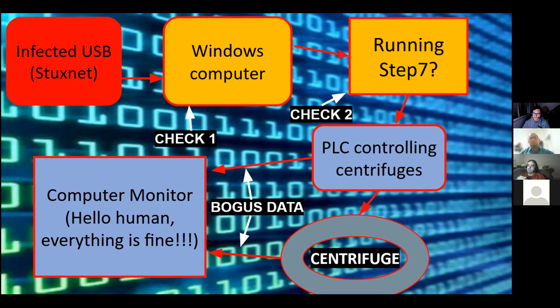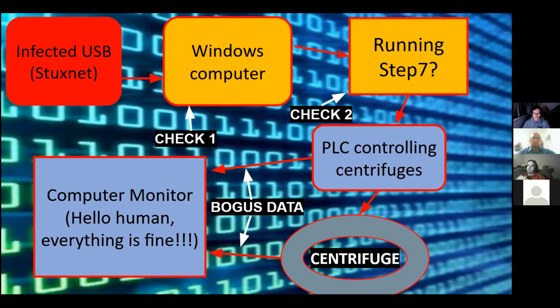Stuxnet had three parts: a dynamic link library, DLL file, that executed a worm that executed the main payload of the attack, and a rootkit responsible for hiding all malicious files and processes. Stuxnet targeted programmable logic controllers, PLCs, which control industrial machines.